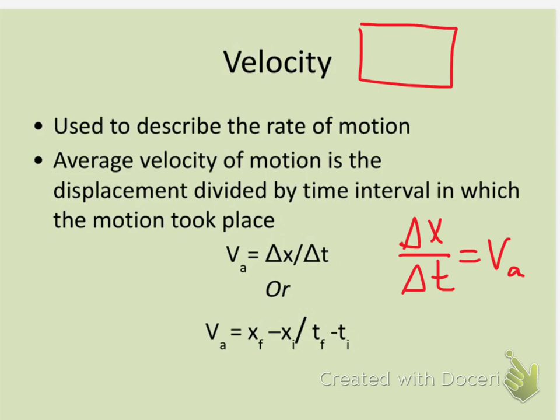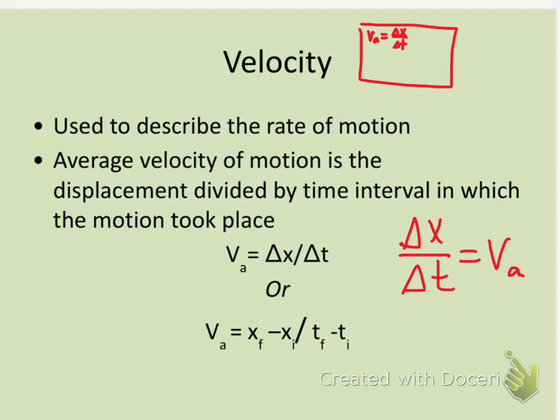The very first thing that you probably want to write on that note card is that v average equals delta x over delta t. I used to not write that one on the note card, and I used to tell people you don't need to write that one, you'll remember it. No, you won't. It's the simplest one, but when people panic, they forget the simple pieces. So it's good to have the simple pieces written there. That is the very first thing.